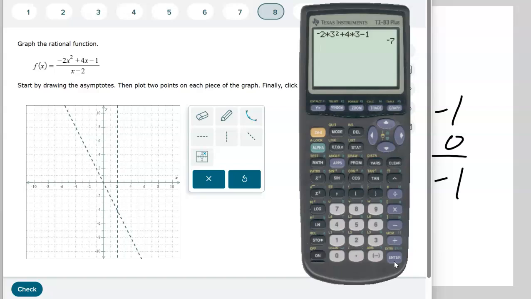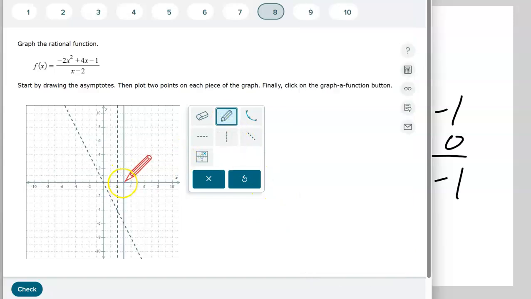And if I put 3 in the denominator, 3 minus 2 is 1. So if I divide that by 1, you get an answer of negative 7. So that means I'm going to have a point at 3, negative 7. So 3 down to negative 7 would be right here.